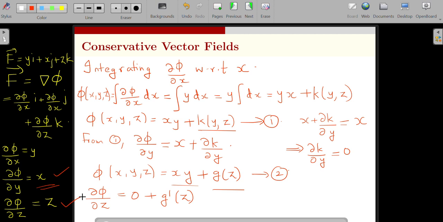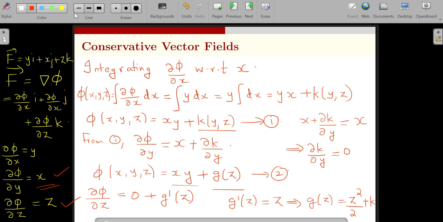But we already know that dou phi by dou z equals z. So equating these two terms, we get g dash of z is equal to z. G dash of z equal to z means that g of z will be z square by 2 on integrating both sides with respect to z.